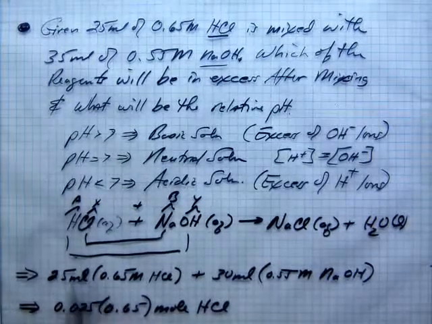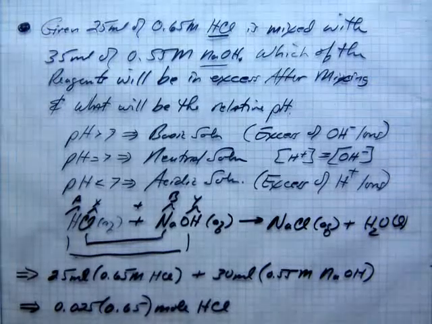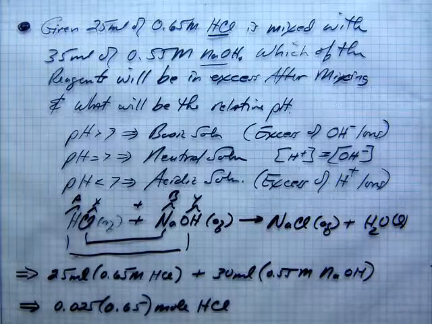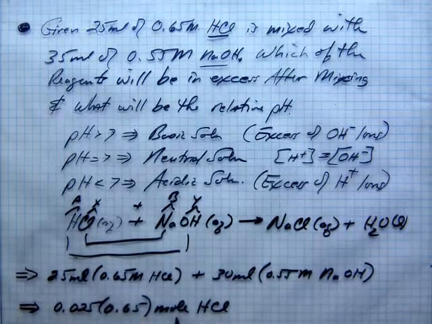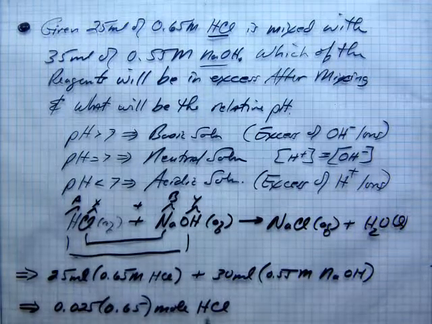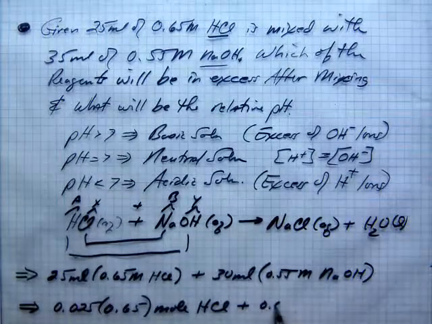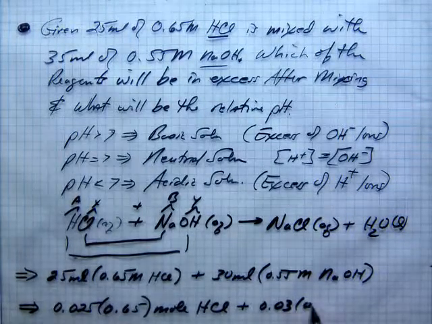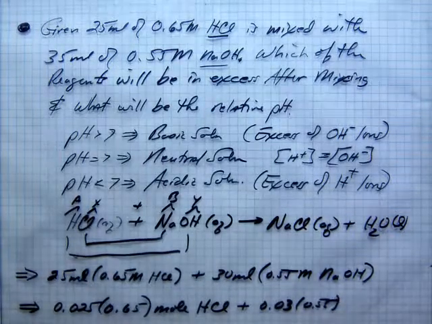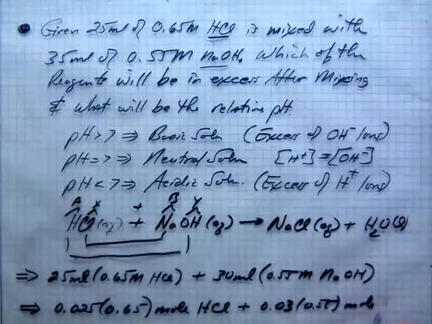Because I know the product of those two, if done this way, it's going to be moles anyway. So I wanted to get it in moles, so I just put the two numbers together, the product, and put mole over here, because that's what the unit is. And then the same thing here, you have 0.03 times 0.55 mole of NaOH.